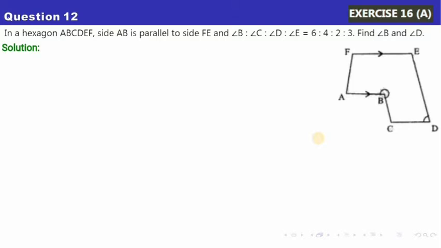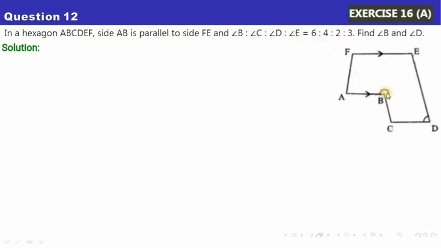Let's have this question now. The question says, in a hexagon ABCDEF, as you see there, side AB is parallel to EF. It is given that angle B : angle C : angle D : angle E is 6:4:2:3, so the ratio is also given.